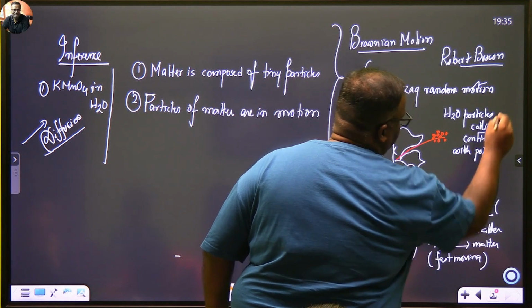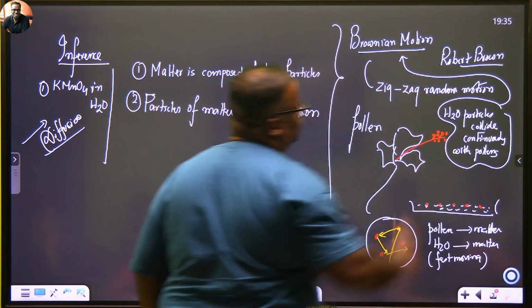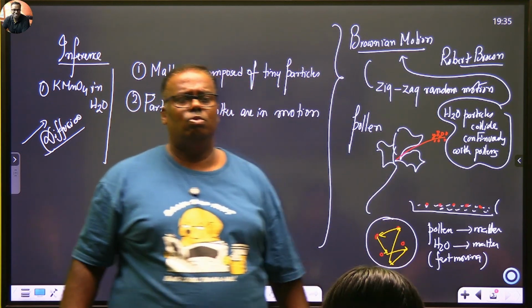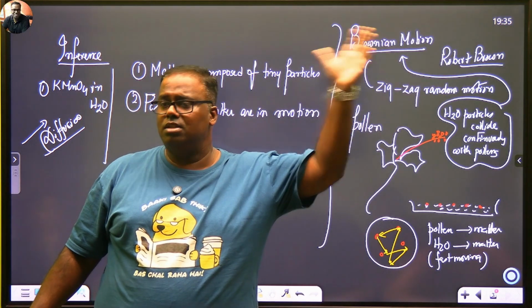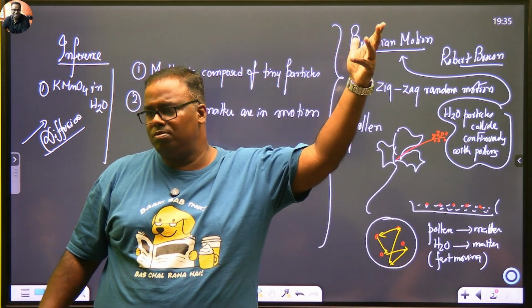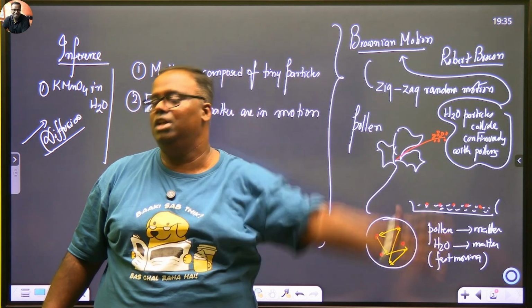And this phenomenon is only giving rise to the Brownian motion. वही dust के वही projector beam में भी हो रहा होगा. Some particles, that dust is comprising of so many different type of particles. Some particle which is not visible with your eye must be hitting the other particle.